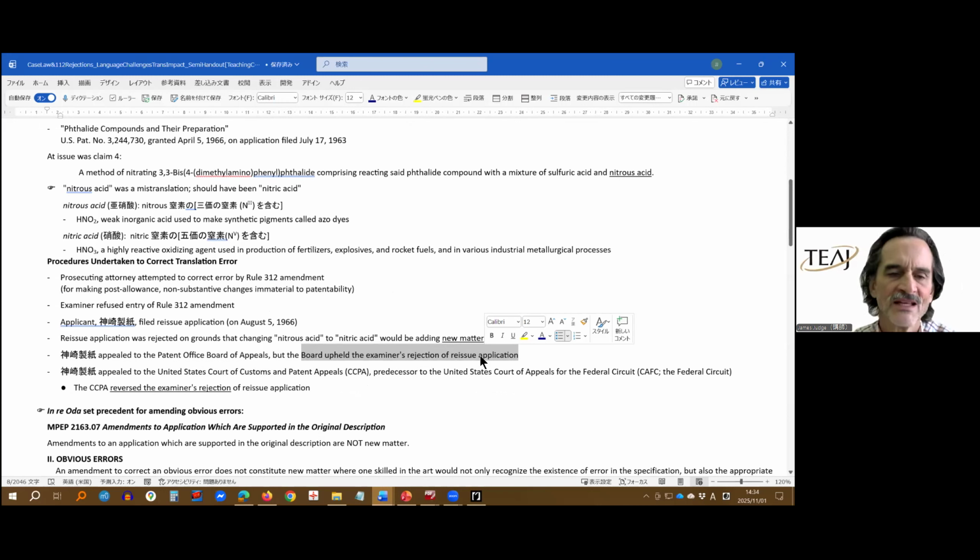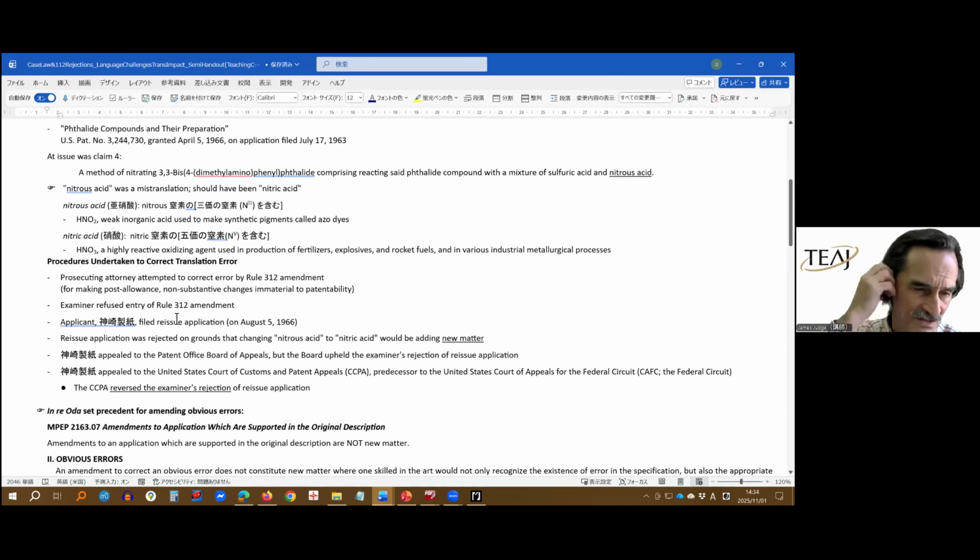So the reissue application stayed rejected, and Kanzaki Seishi was still not able to correct their patent. So finally, they spent the money and went to all the time and trouble of going outside the Patent Office and filing an appeal with the CCPA, as it was called at the time. And as I've said, it's the predecessor to the Federal Circuit.